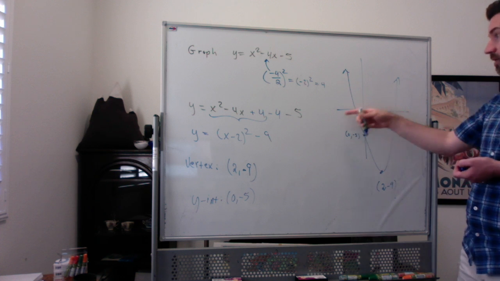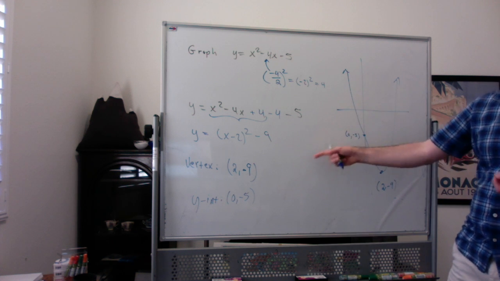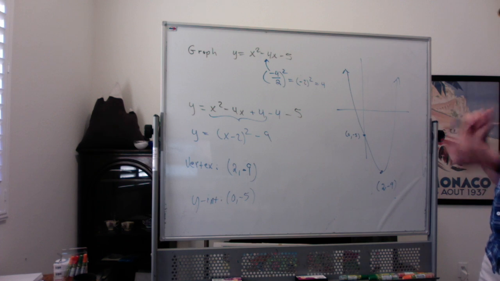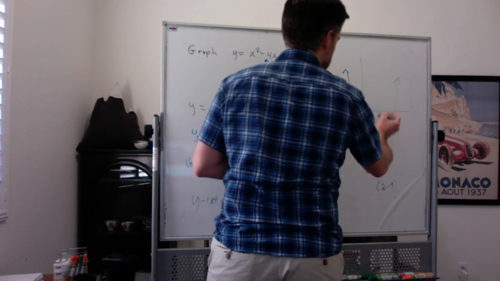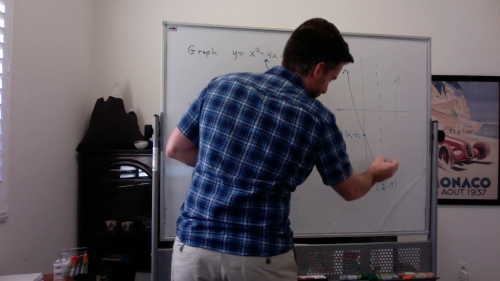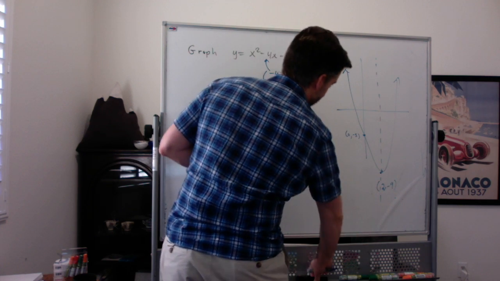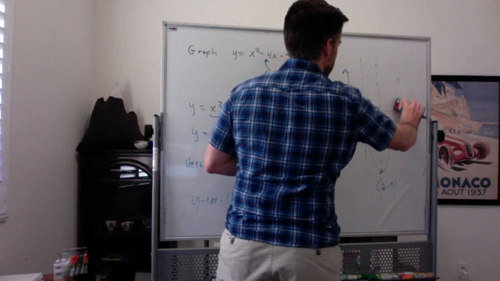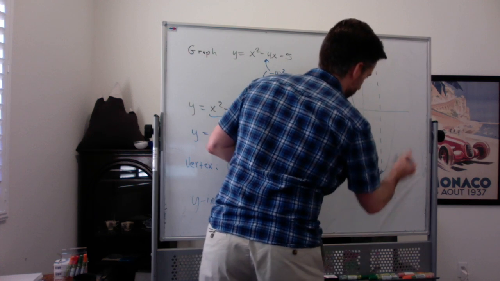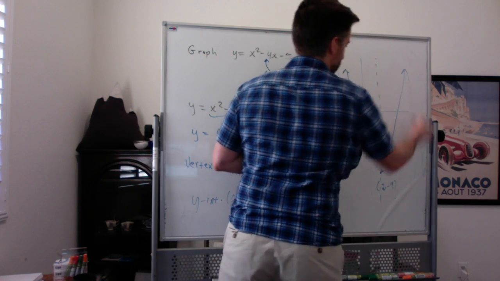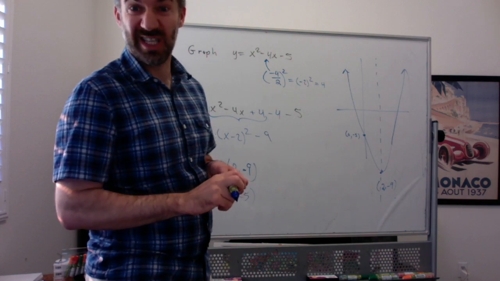So it could be -2 and +6, or -3 and +7. It has to be equally spaced, because there's symmetry about this vertical line that goes through the vertex, which is called the axis of symmetry. And it should look symmetrical about that line, but my graph is not the best looking today.